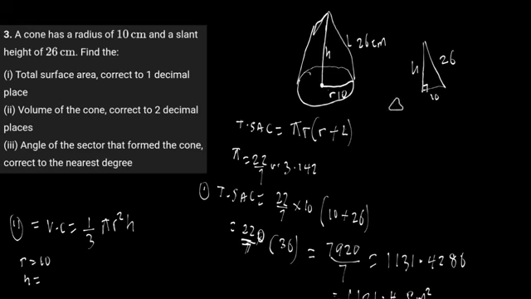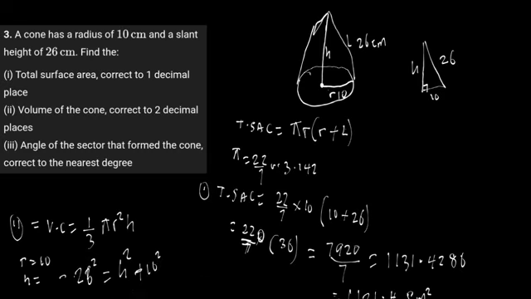So that means the square of the largest side is equal to the sum of the squares of the other two sides. That means 26 squared is equal to the sum of the squares of the other two sides, that is h squared plus 10 squared.